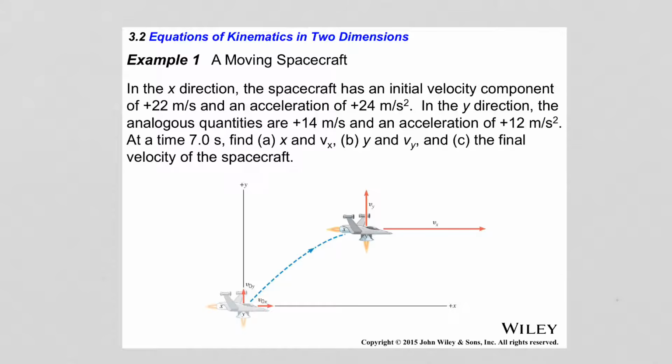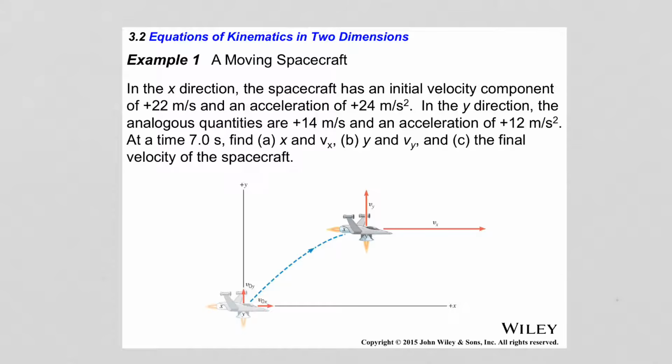At a time equal to 7 seconds, find the horizontal displacement x and the x component of the final velocity, this one right here. And then also at the same time find the vertical displacement y and the y component of the final velocity. And also find the final velocity of the spacecraft.